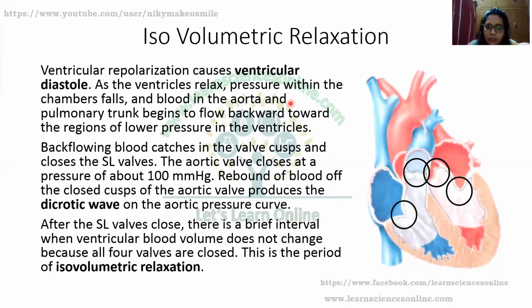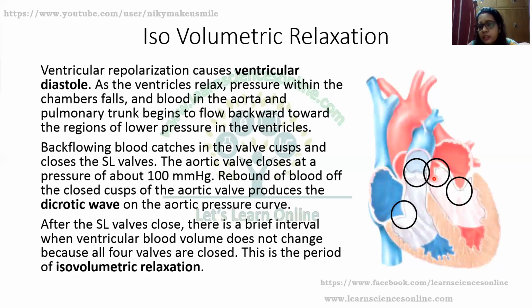So again, after ventricular systole, a moment happens when all four valves are closed. Cuspid valves were already closed during ventricular systole, and then the aortic and the pulmonary semilunar valves also get closed. Why? Because gradually the pressure decreases in the ventricle.